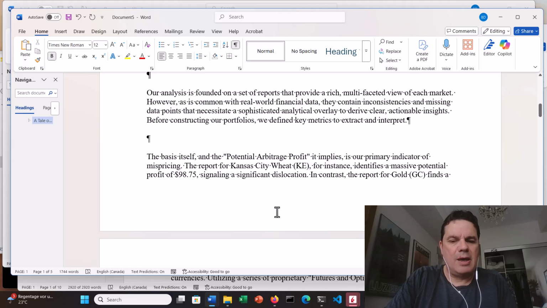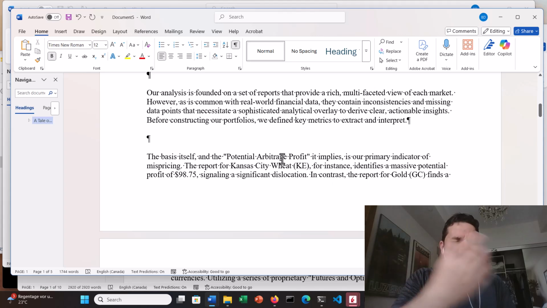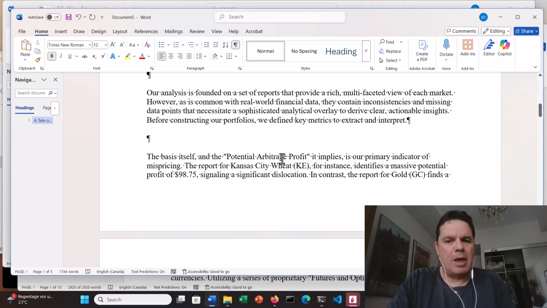So the ones it uses are the wheat and the CL, the crude oil. And again, crude oil is considered U.S. based. Then we also have the E-mini as well, and then it will calculate the risk and the potential profit over the short term on that amount. So that's all fine and good.